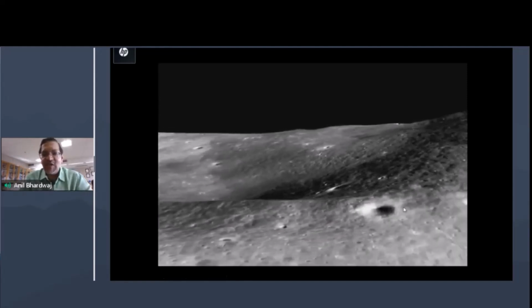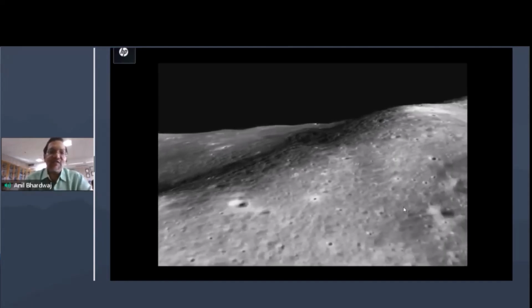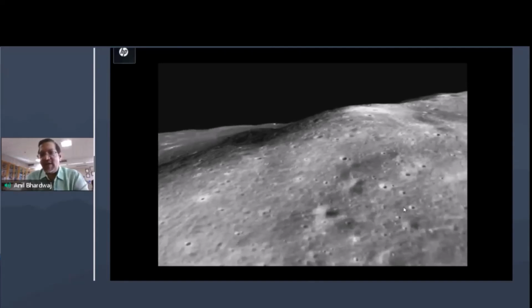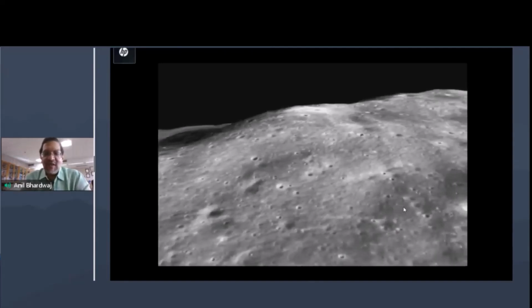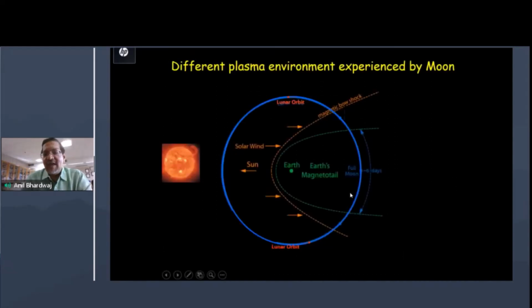Very big craters we call basins, like South Pole Aitken Basin. And it of course varies in different places with respect to albedo, depending upon the mineralogy and the mass. So this is how the surface of the moon looks. And more detailed information, I think Dr. Prakash Chauhan will be talking to you when he talks about planetary geology.